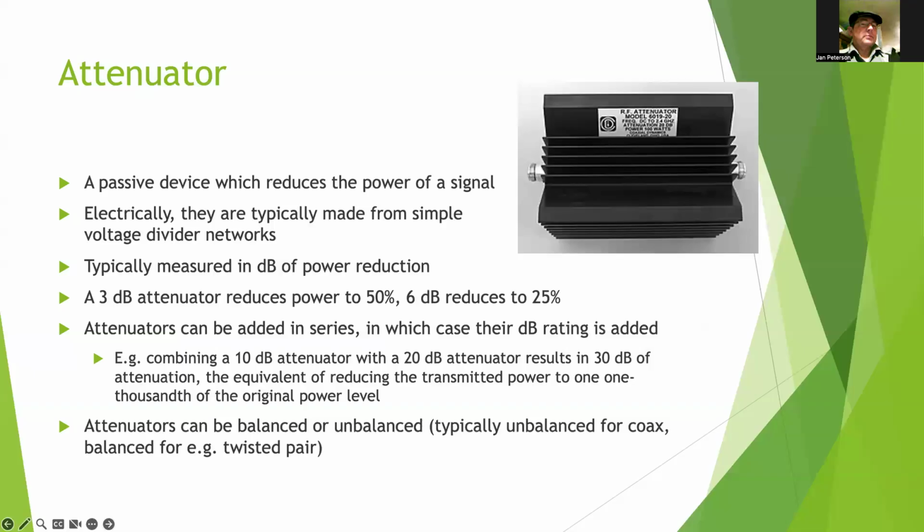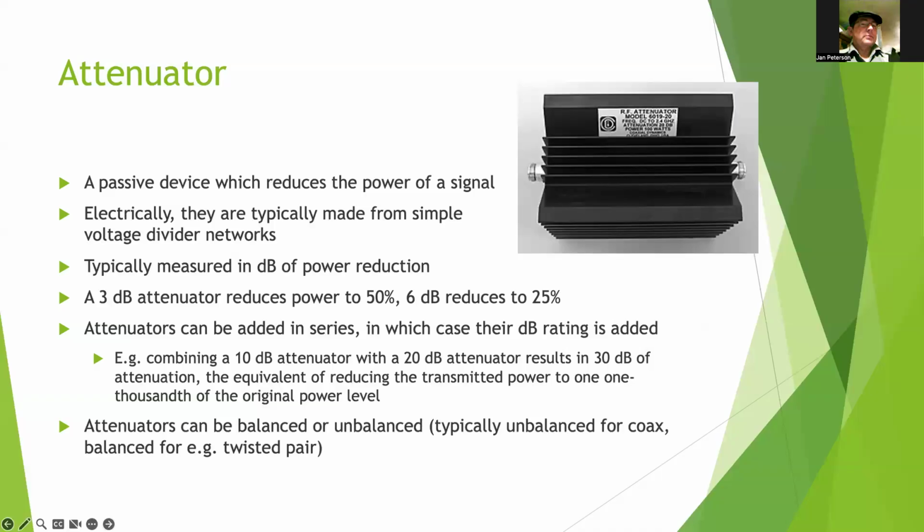So if you had a 10 dB attenuator and a 20 dB attenuator and you put them in series, it's just like having a 30 dB attenuator. That would give you a loss or reduction where the power coming out will be 1,000th of the original power going in. Attenuators can be balanced or unbalanced.